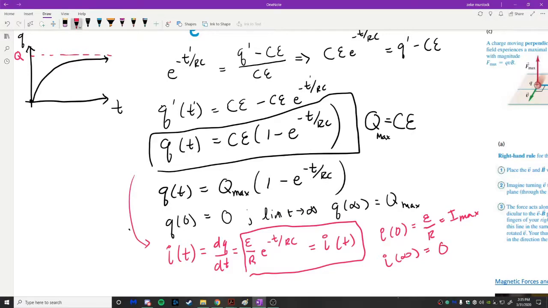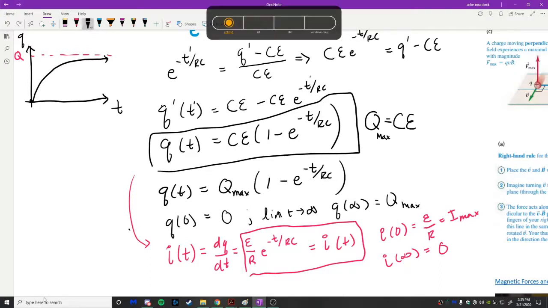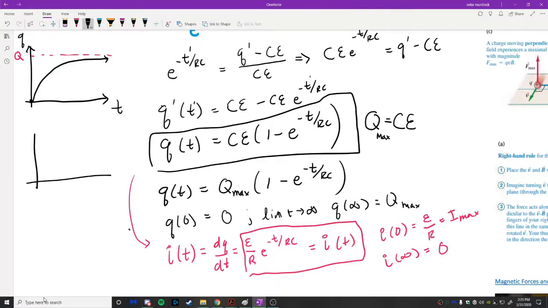So now if I plot current as a function of time, we know that the current starts at a maximum. This would be I max. And it basically does something like this. It asymptotically approaches 0.